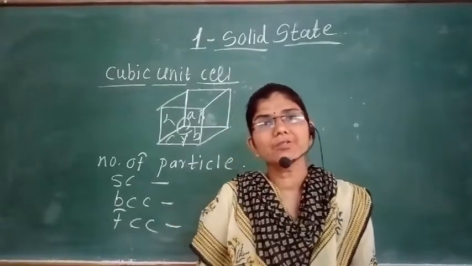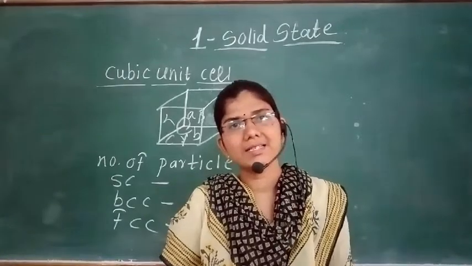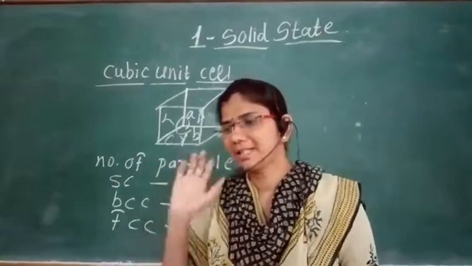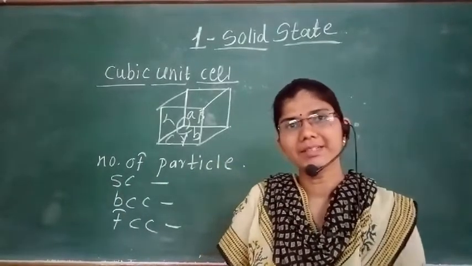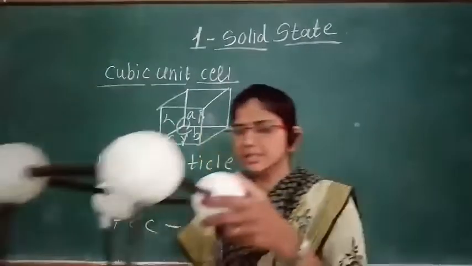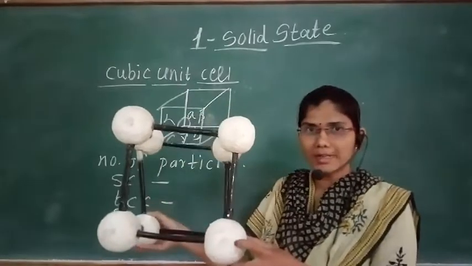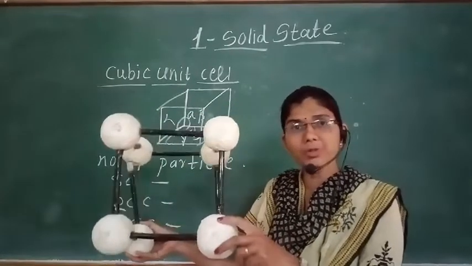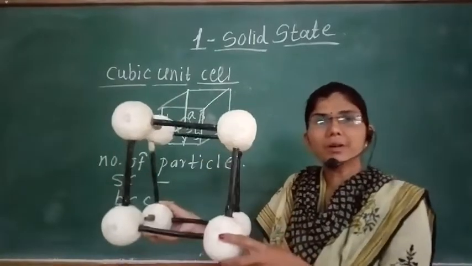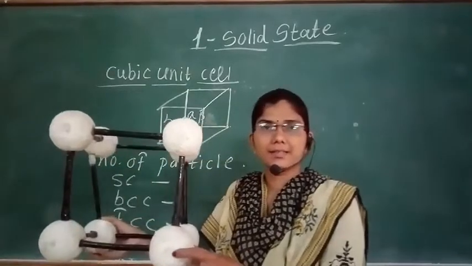So out of these 7 unit cells, in this topic solid state, we have to study only the cubic unit cell, and therefore the structure of this cubic unit cell. Suppose this is the cube. This is the structure of a primitive or simple cubic unit cell.